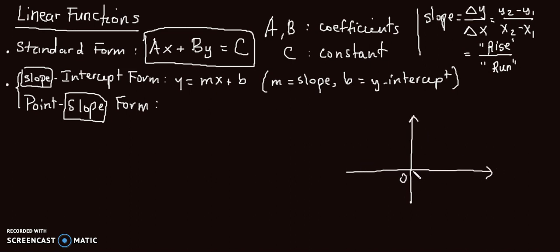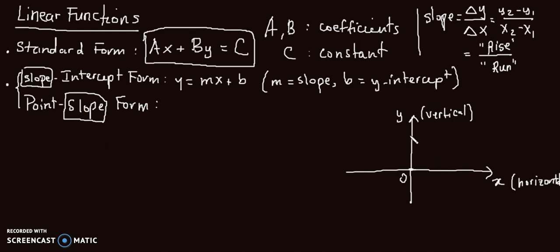We have O, which is the origin, and then we have OX here, which is called the horizontal axis, and OY here is called the vertical axis. Whatever happens on OX we call horizontal, and whatever happens on the OY axis we call vertical.